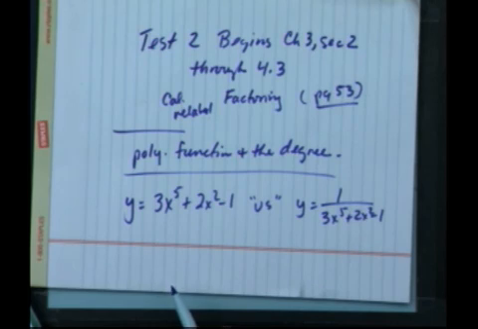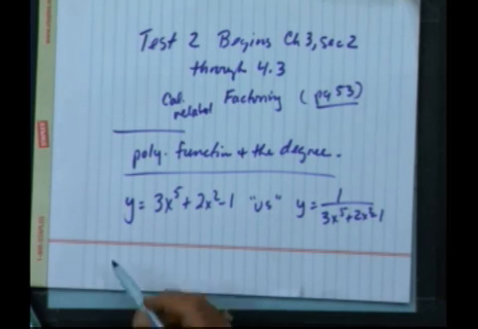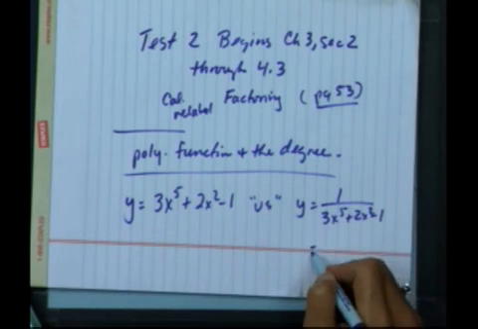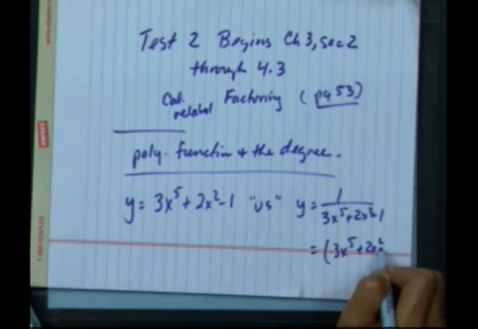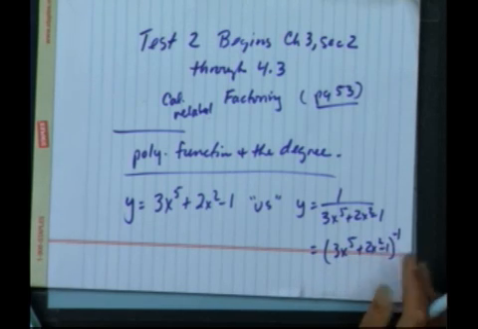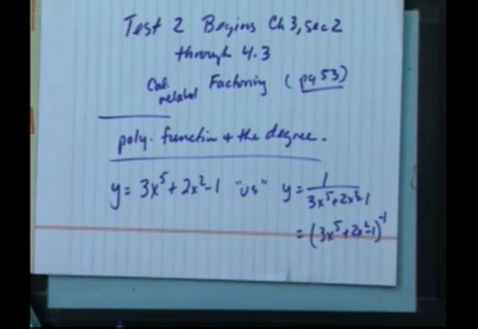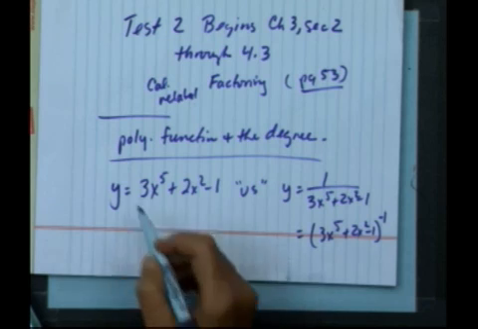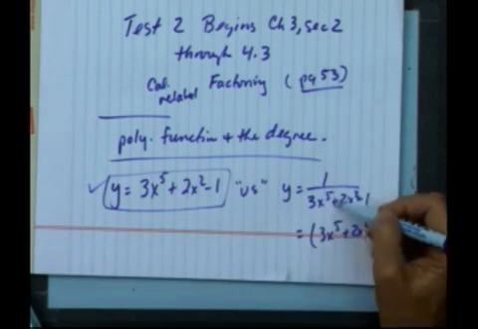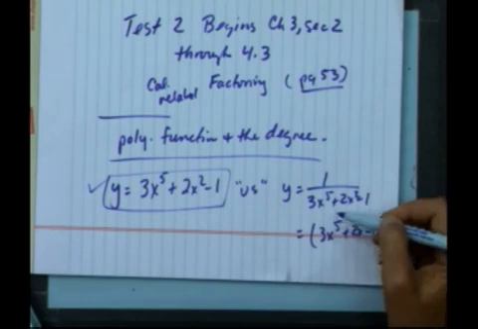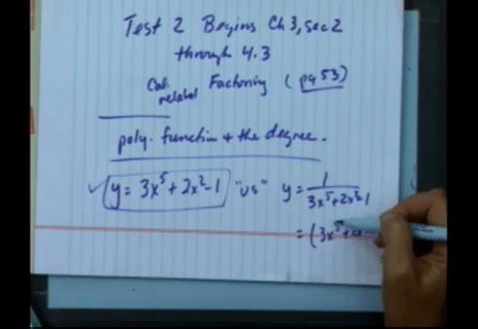Can't have any negative integer exponents. If I rewrote this one, it's 3x to the fifth plus 2x squared minus 1 to a negative 1 power. Which one's a polynomial? First one. What kind of function is this, because it's a fraction? Rational. Rational is your fraction.